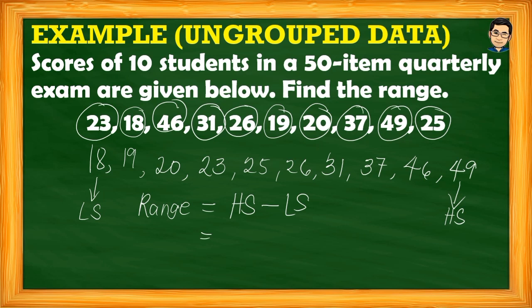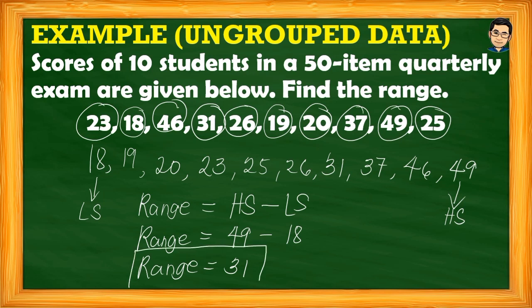The highest score is 49 and the lowest score is 18. So 49 minus 18 is equal to 31. Ibig sabihin, ang layo ng lowest score sa highest score is 31. Yan lang po yung range for ungrouped data.